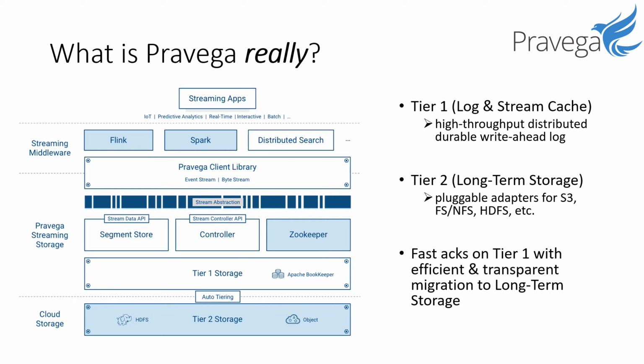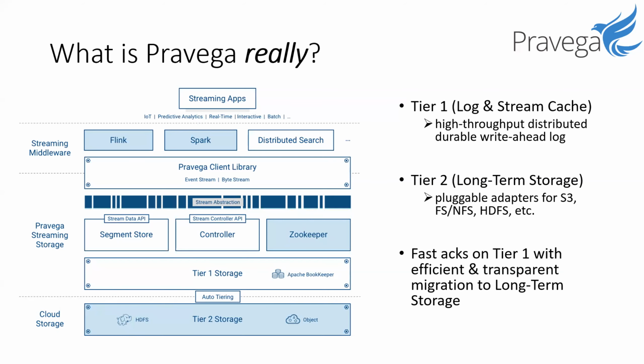This might be an object store. If I'm just writing to an object store, I have to finish writing the entire object before I can read it. With Provenca in the middle, we can start reading the objects as they're being written to the object store. It's one way to think about what we're enabling.